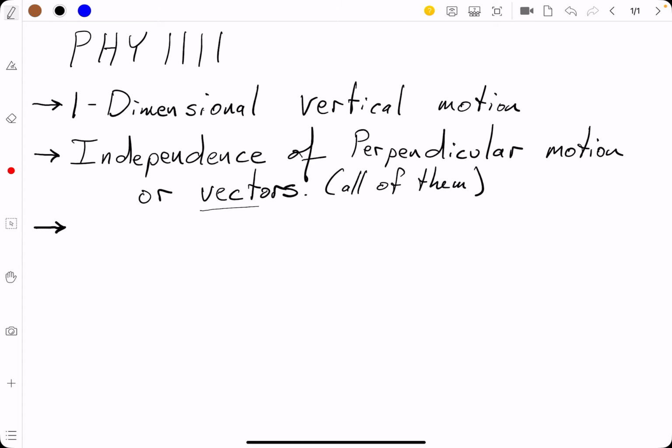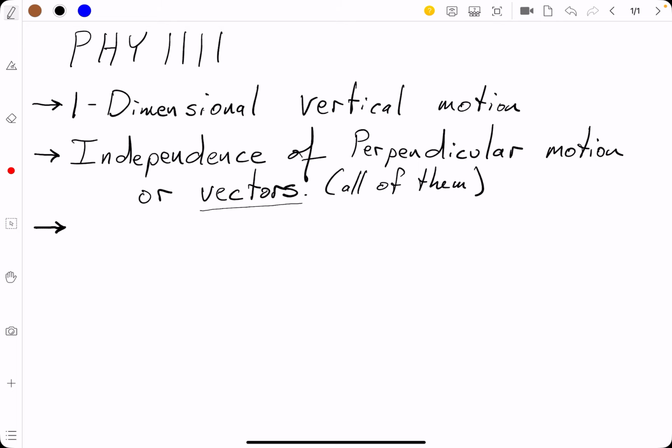Vectors that are perpendicular are orthogonal, they say. Perpendicular and orthogonal are the same thing. They don't have effects on the other dimension. They simply don't affect the other motion. You have to break it down into components and then treat them independently.